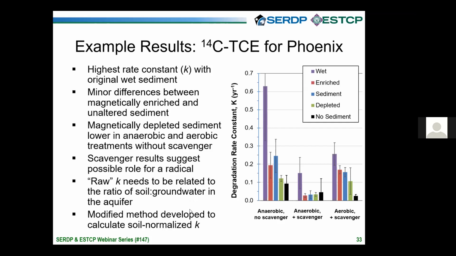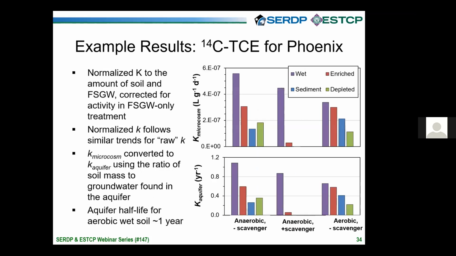So we've come up with a way to translate those raw K values into soil normalized K values, which I'm going to show you on this next slide. So the upper right panel, the y-axis is the first order rate constant, but this time rather than just per time units, it's liters per gram per day.